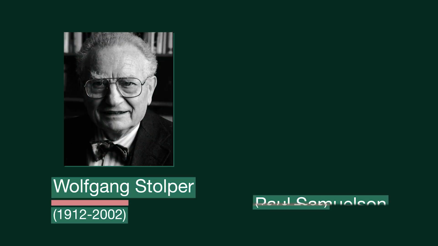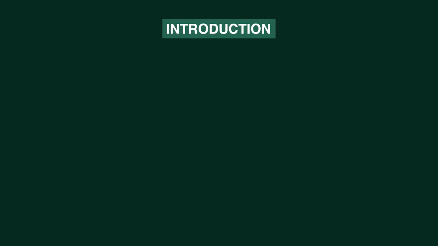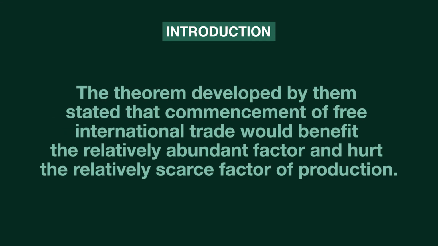Stolper and Samuelson went a step ahead to analyze what will be the impact of the changes in these relative prices of commodities on the income distribution pattern of the factors. And for that, they developed the Stolper-Samuelson theorem.